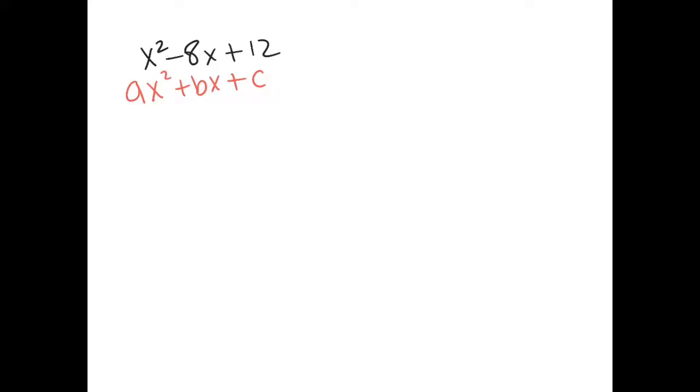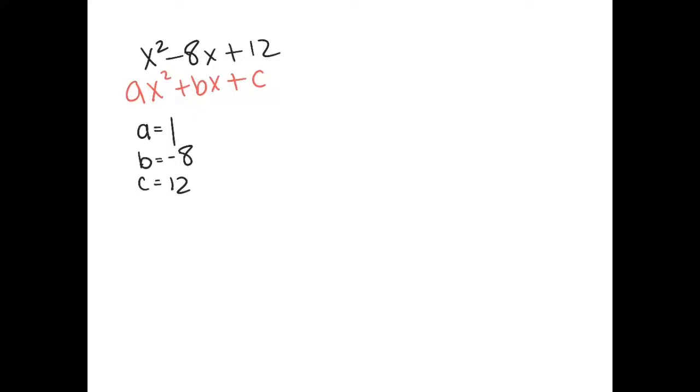So let's now identify our A, B, and C values. Our A is equal to 1. Our B value is actually equal to -8. And our C value is equal to 12.